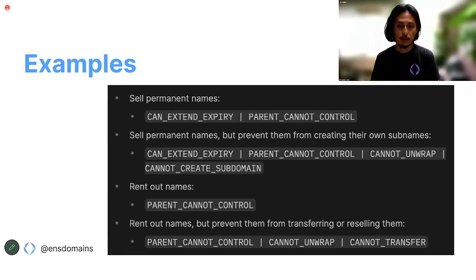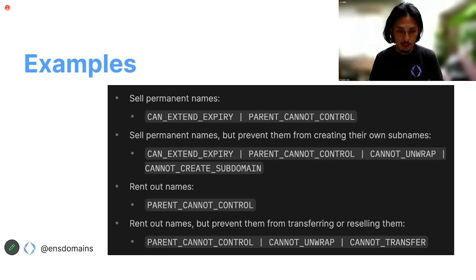And in addition, if you say cannot unwrap and cannot create subdomains, you could sell subnames but prevent them from creating their own subnames. So you can make limited editions and that kind of stuff. It's up to your imagination: by using different combinations of the fuses, you can have different ways of controlling subnames.